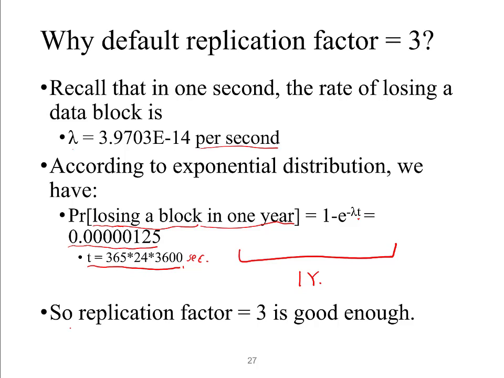So here we use a simplified model to show that a replication factor of 3 makes the probability of losing a block, even in 1 year, much less than 1 and pretty close to 0. So that is good enough.